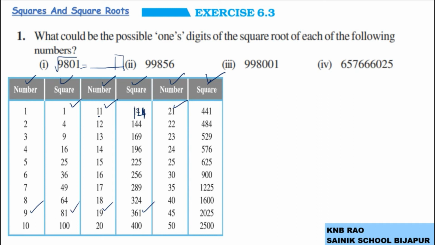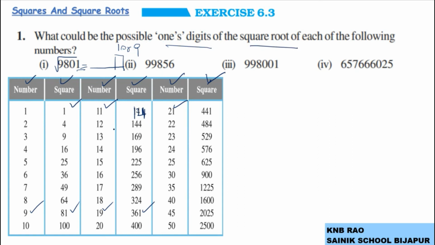That means the square root of a number ending in 1 may end in 1 or 9. This is the possible ones place digit of the square root of these numbers.